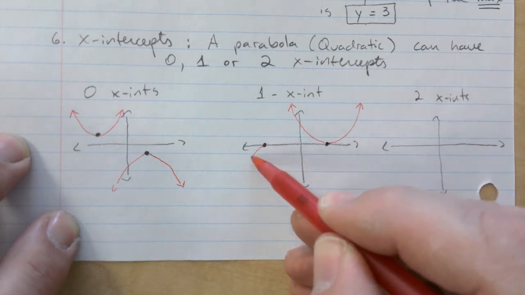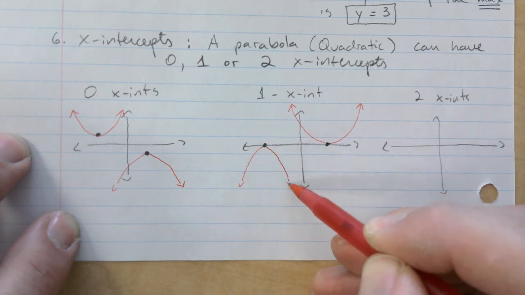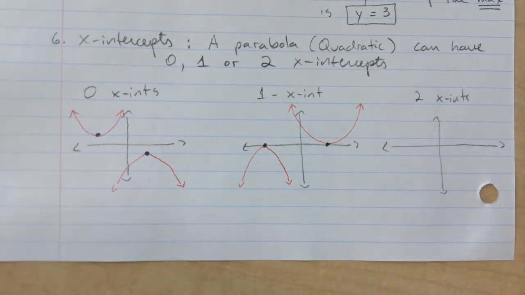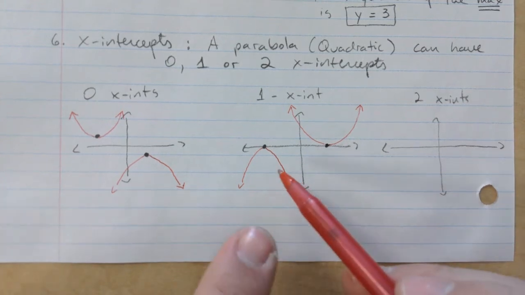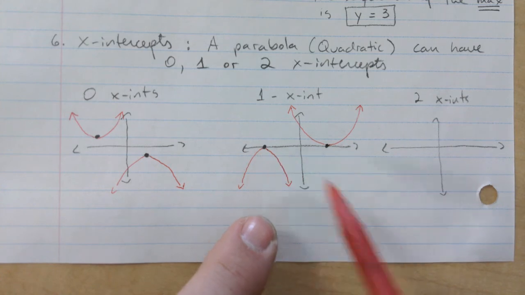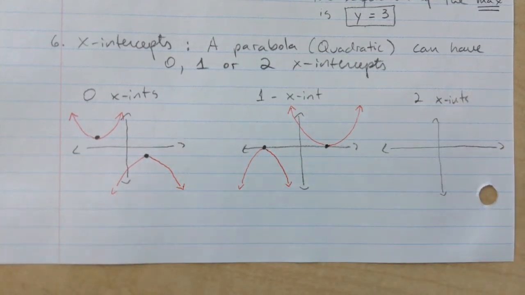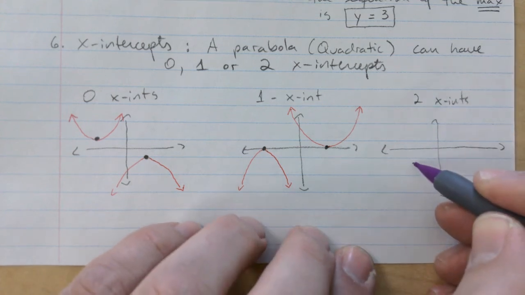And this one is going to be going down. Let's make this a little narrower because they will vary in the way they look, right? So the vertex is right on the x-intercept. Okay. 2 x-intercepts. You can probably guess what's going to happen.